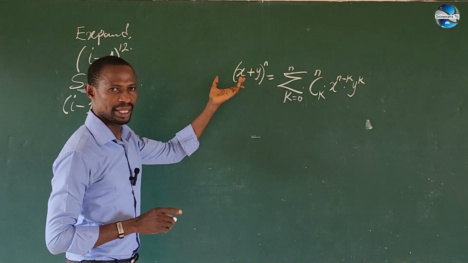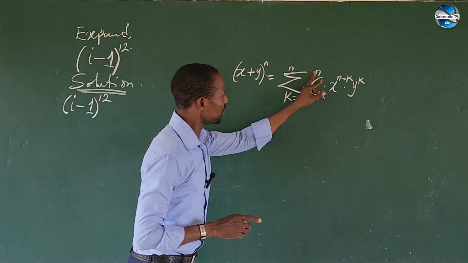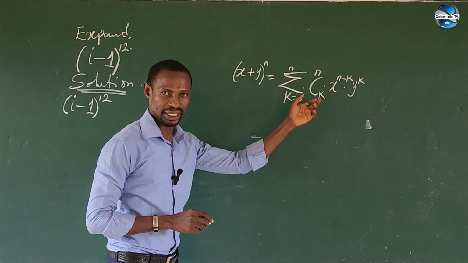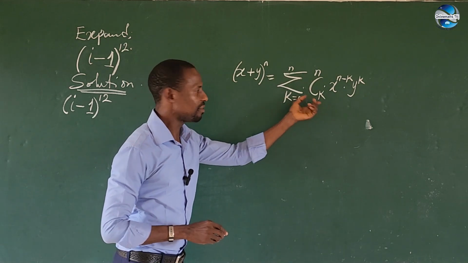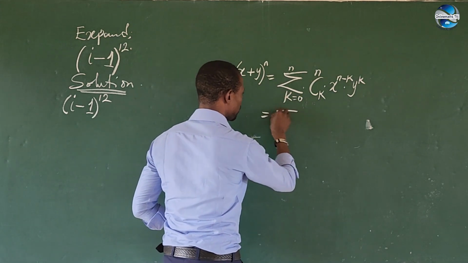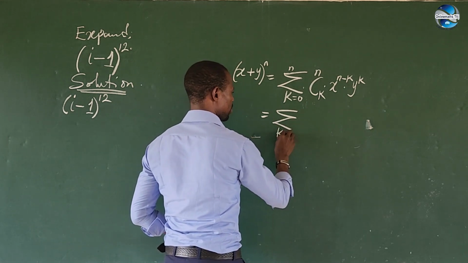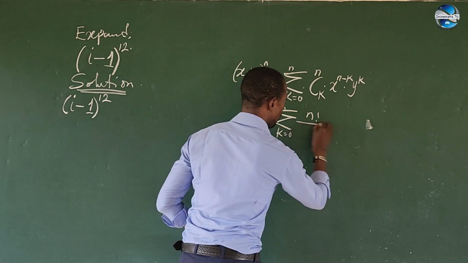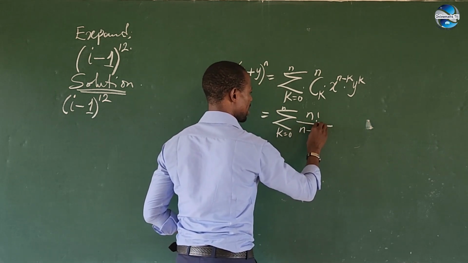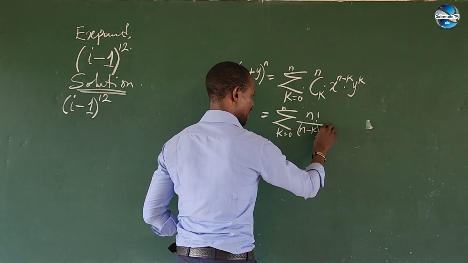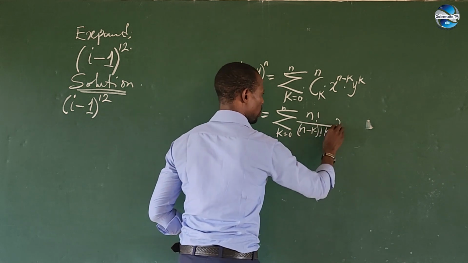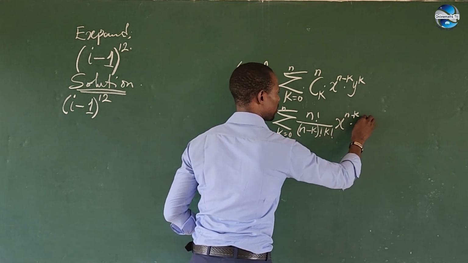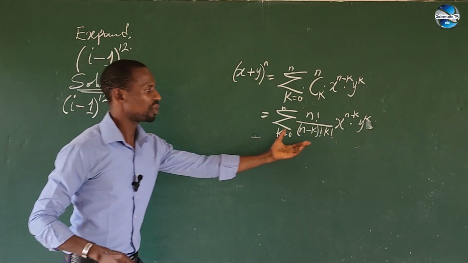Here, all we need to do is get the coefficient, which if we open it up gives us the sum from k = 0 to n of n factorial over (n minus k) factorial times k factorial, into x to the power of n minus k, times y to the power of k. This is what we're going to have.